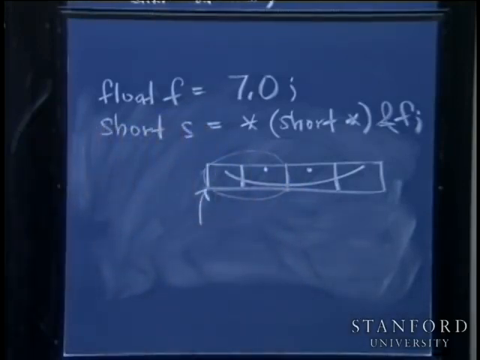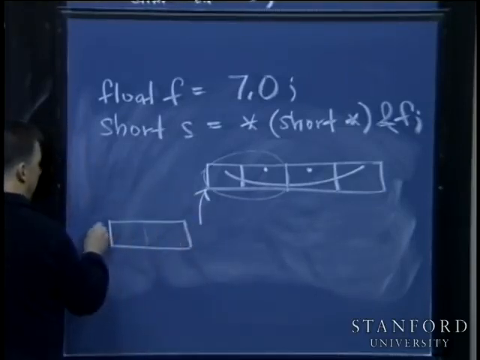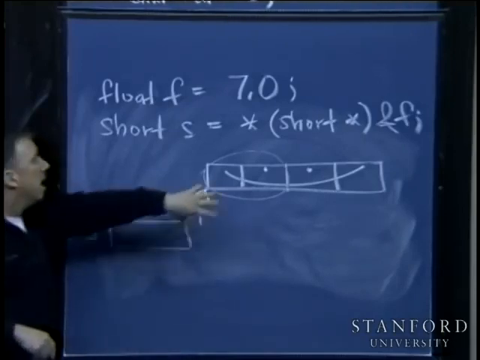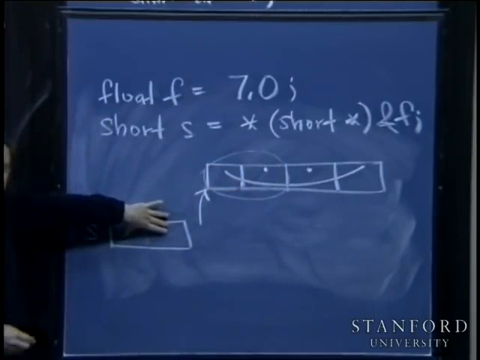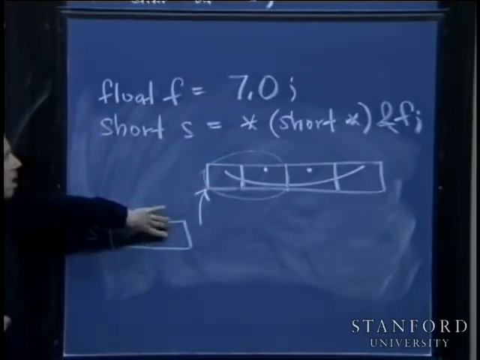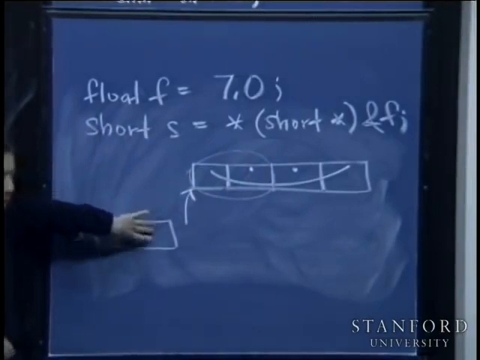And this arrow gets dereferenced, and as far as the initialization of s is concerned, it assumes that this is a short, so it can achieve the effect of the assignment by just replicating this bit pattern right there.